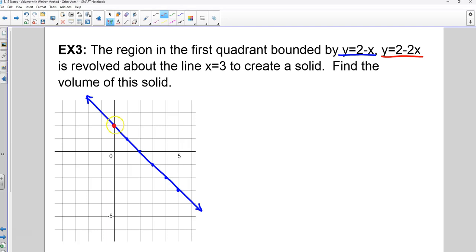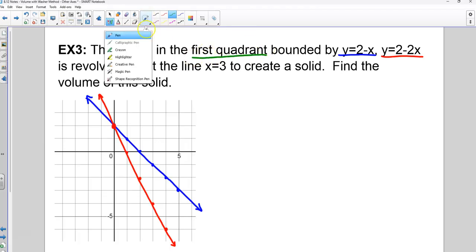So that's a y-intercept of 2 and a slope of negative 2. Down 2 to the right 1, down 2 to the right 1, down 2 to the right 1. So on like this. And it is the region bounded in the first quadrant. So I was like, there's no bounds here, but it says first quadrant. So we are looking at this little piece right here.